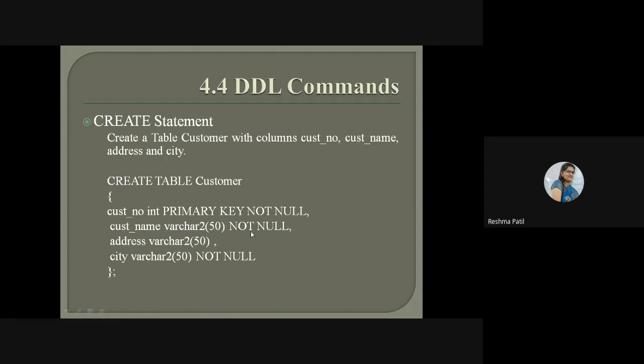It should not be empty. So constraints are applied here. After the end of this attribute, give a comma. Address space varchar2 in bracket 50, comma, city varchar2 50 not null. End of bracket, semicolon.